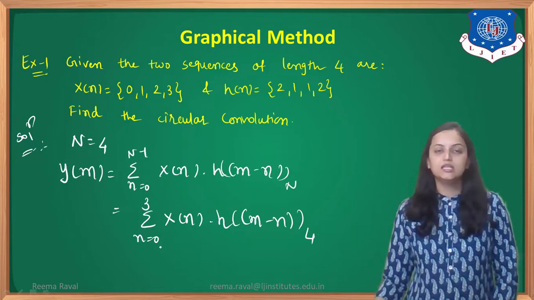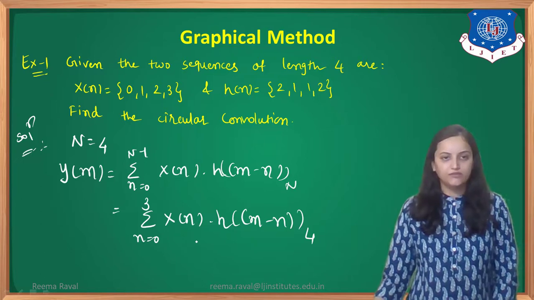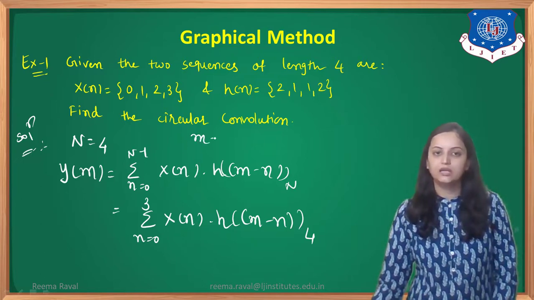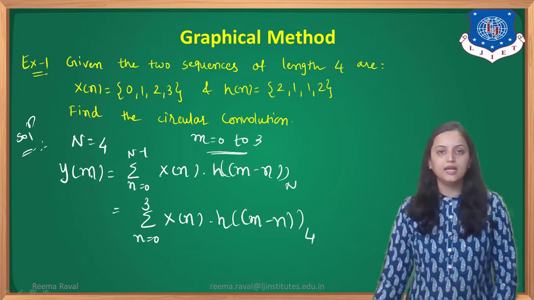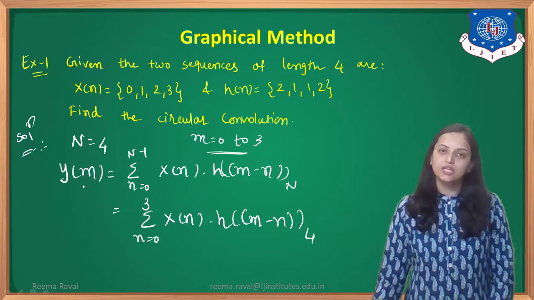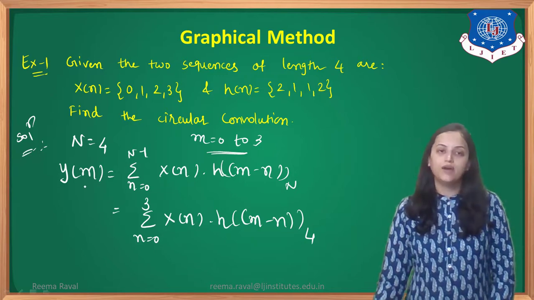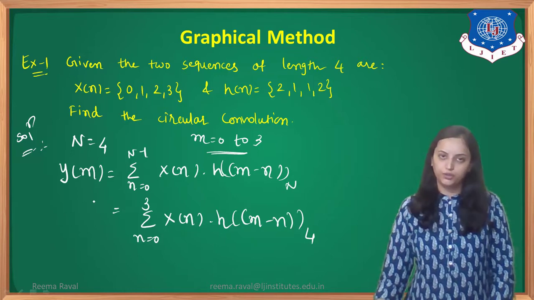Now we will vary n from 0 to 3 and plot the graphs accordingly. In the same way we will take m equals 0 to N minus 1, that means m equals 0 to 3. At first we will take m equals 0, using which we will get y of 0. In the same way we will take m equals 0, 1, 2 and 3 to get y of 0 to y of 3. That means the 4-point circular convolution output.